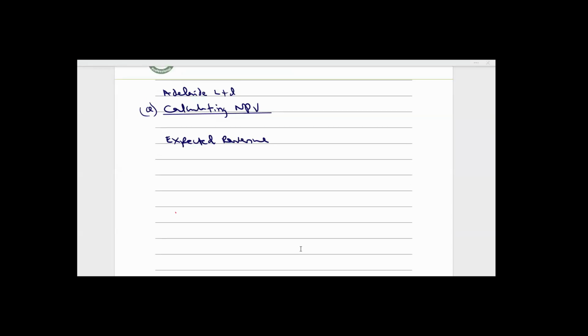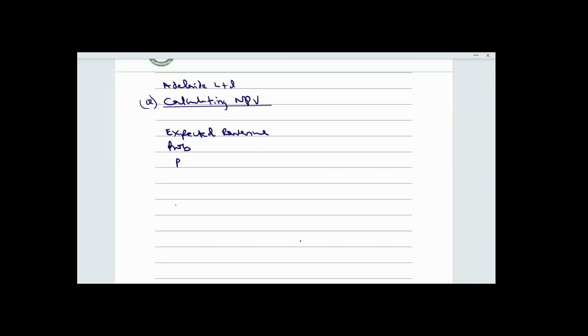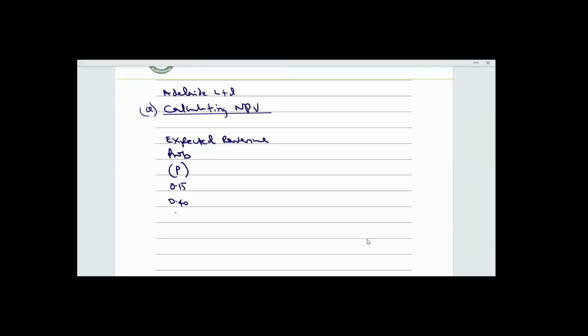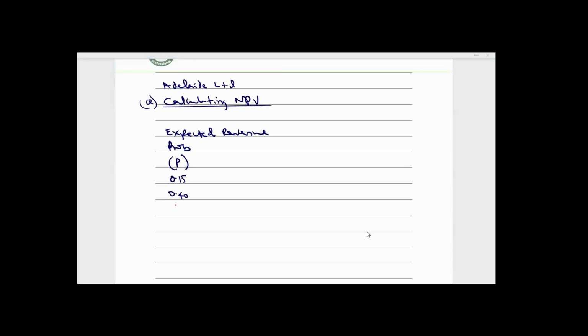So probability, which is P, is 0.15, 0.40, 0.30, 0.15. Again, the probability must be equal to 1.